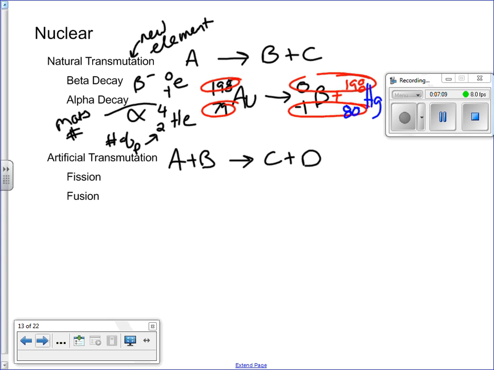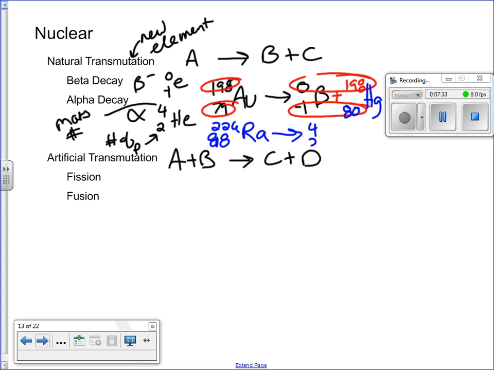You would do the same thing for alpha decay. Something that undergoes alpha decay is radium-226. Radium is number 88. Arrow, natural transmutation, so only one reactant.